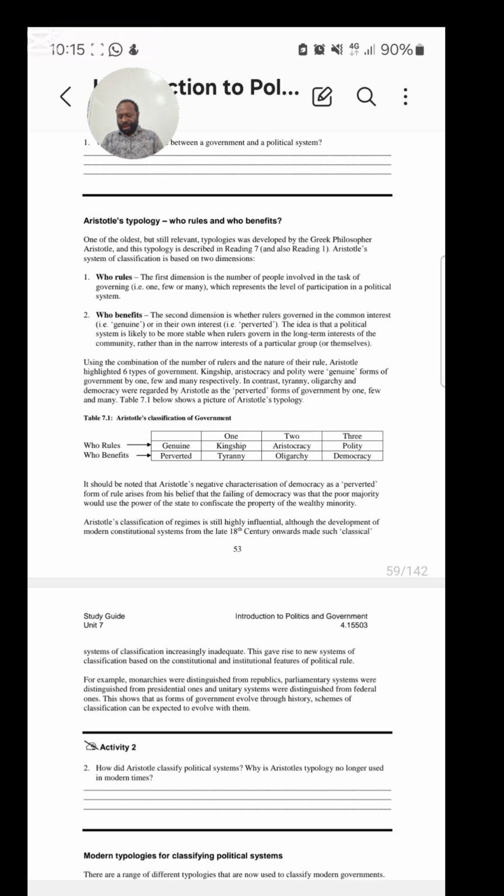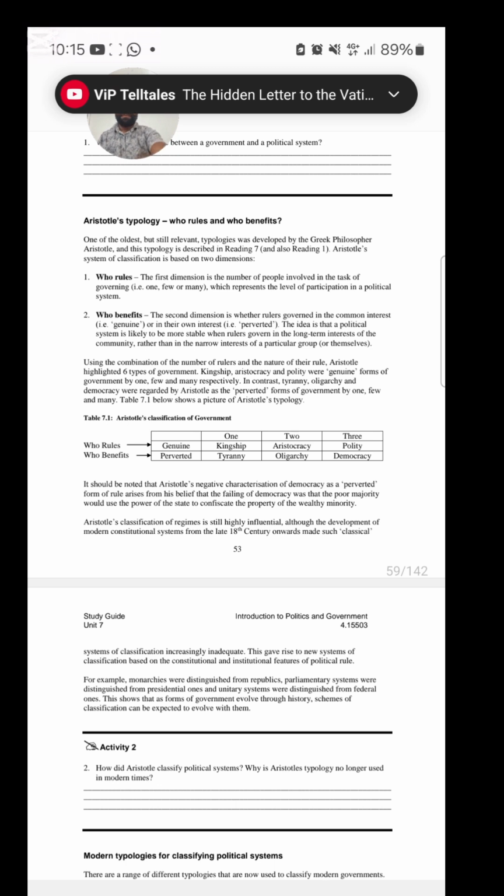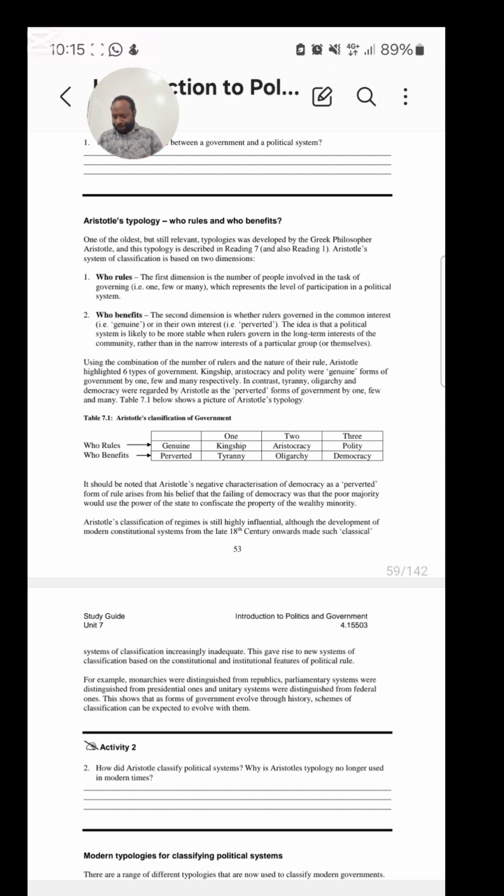Now, who rules? If there is one ruler, and that rulership is genuine, the genuine rulership tends to be kingship. We have our chieftaincy system.